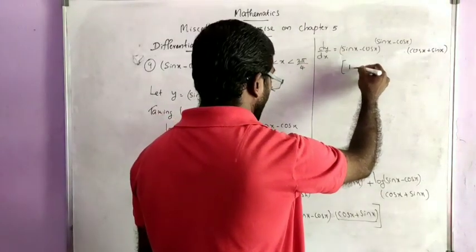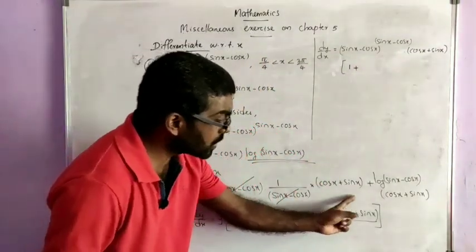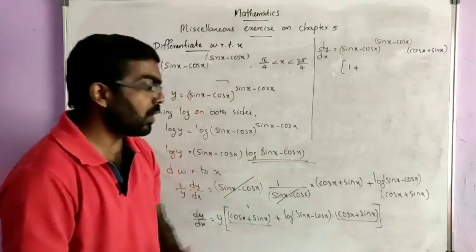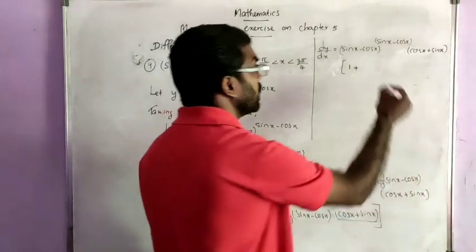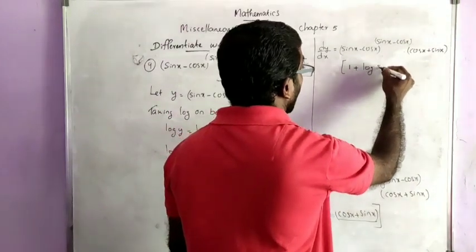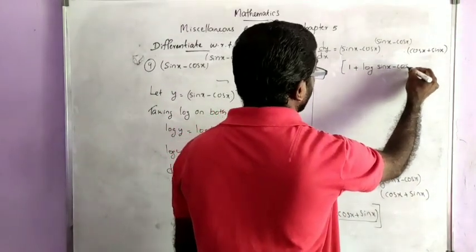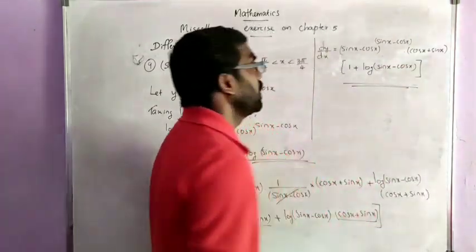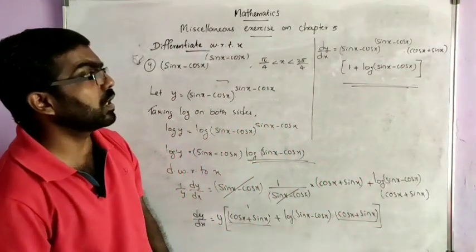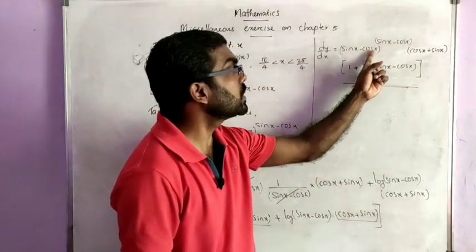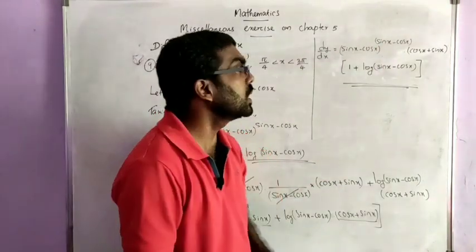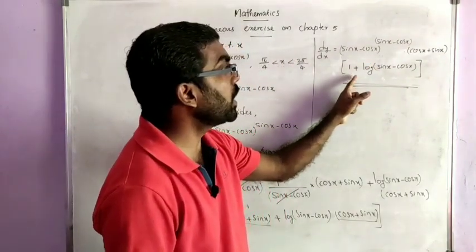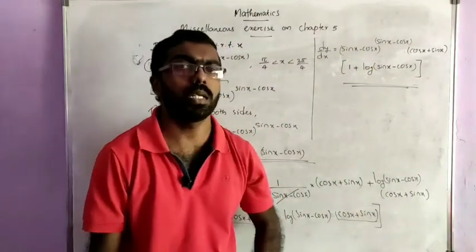So 1 plus, here also this term cos x plus sin x we take out, so the remaining is log of (sin x minus cos x). So 1 plus log of (sin x minus cos x). Okay, so the final answer: dy by dx is equal to (sin x minus cos x) the whole raised to (sin x minus cos x) into (cos x plus sin x) into (1 plus log of (sin x minus cos x)).